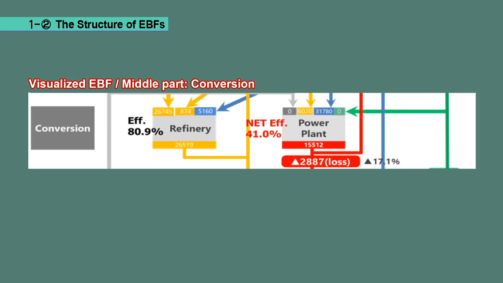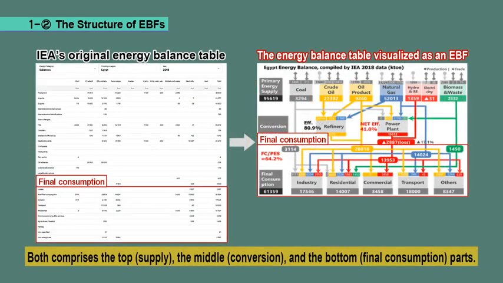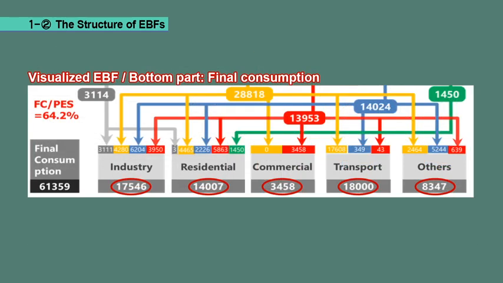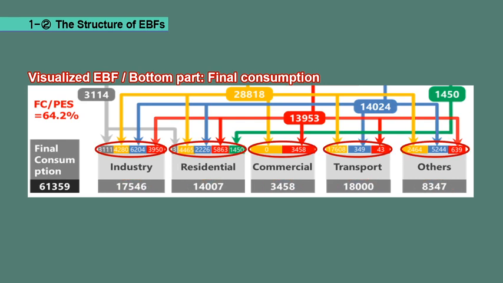Energy conversion mainly refers to conversion in thermal power plants, transmission and distribution, and conversion in refineries. The bottom part shows final energy consumption. The lower part of each sector shows the total final energy consumption of the sector. The upper part shows the breakdown by energy source.